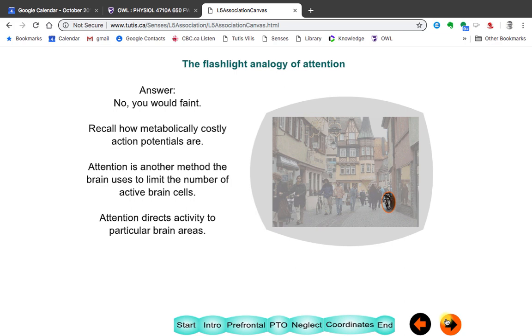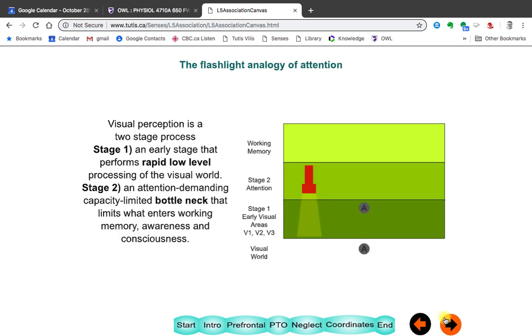So it takes a lot of metabolic activity to activate brain cells. And that's one way, by using attention, you limit the activation. So here you can see that attention is this flashlight, and your attention is drawn to A, and it takes time for this A to be passed on to higher areas.